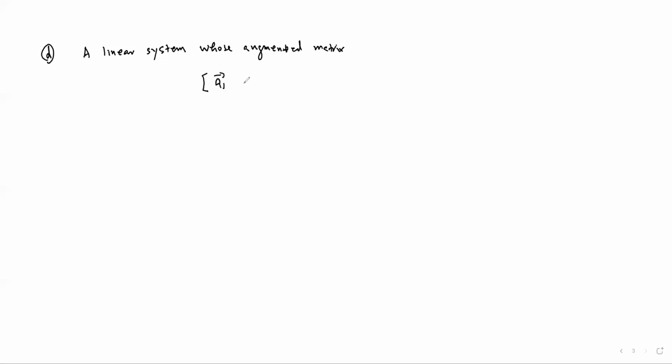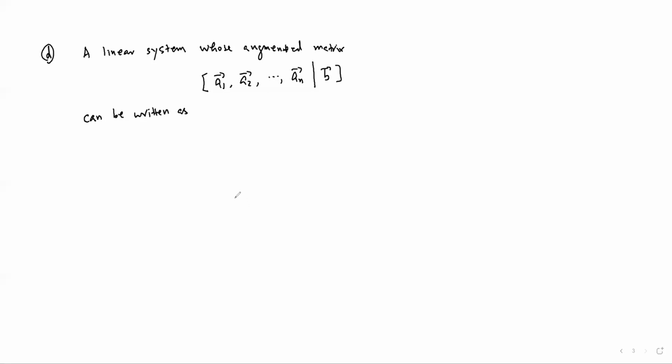The coefficient matrix has first column A1, second column A2, up to An. Then separate from the right side. The right side is vector B. A linear system can be written as a vector equation.